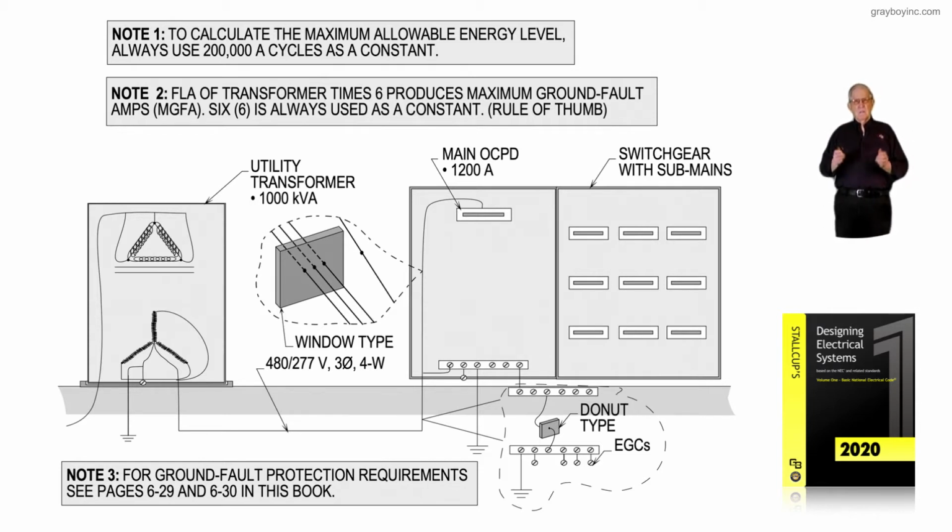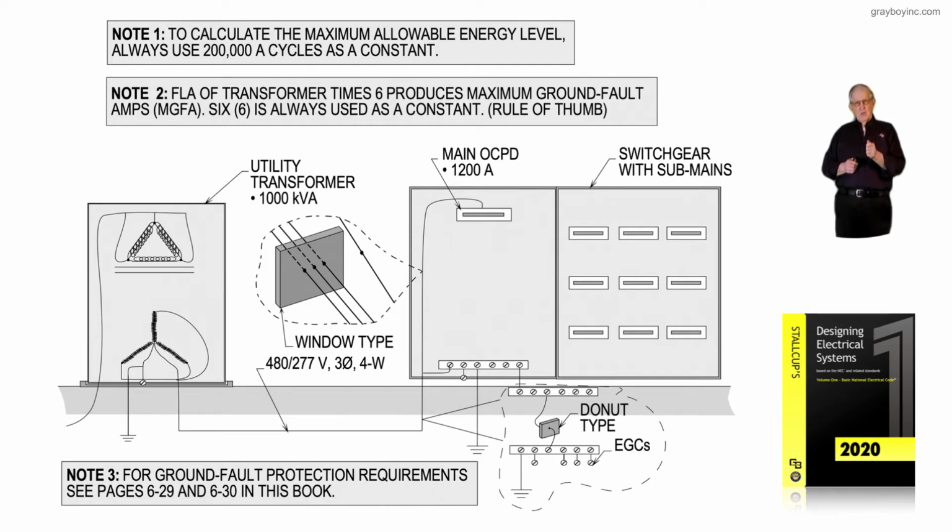And if that's the type of system that we have, then we have to choose a method to provide ground fault protection that would give us adequate protection. Now notice the window type you see there is the very best. Current goes through the window, through the conductors, magnetizes the relay, current returns and demagnetizes.